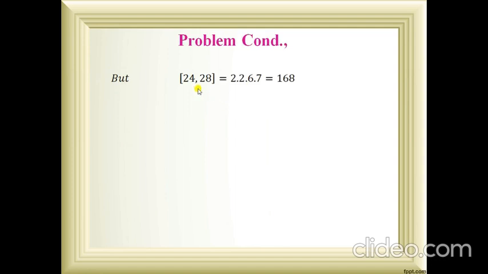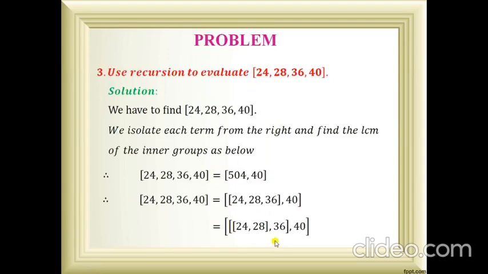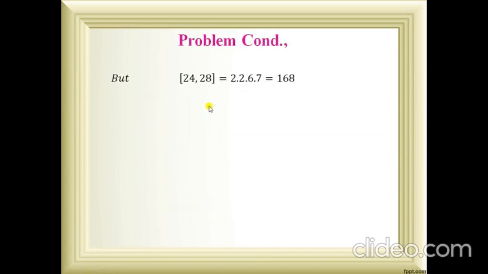Now I'm finding the LCM of 24, 28 first. The LCM of 24, 28 is 2 power 2 into 6 into 7, which gives 168. After replacing 24, 28 with 168, I get 168, 36.